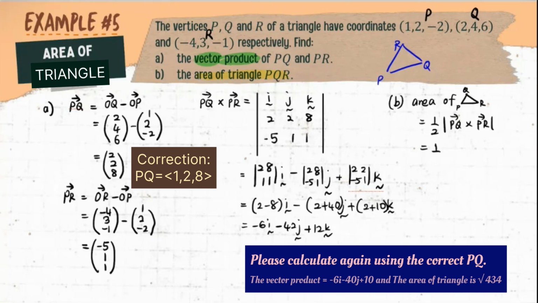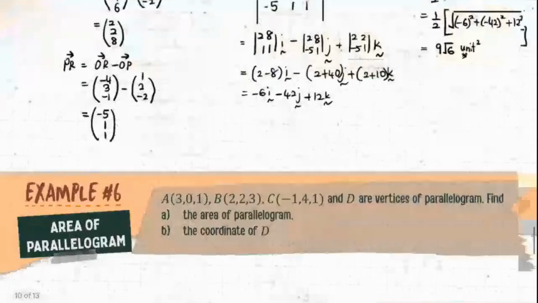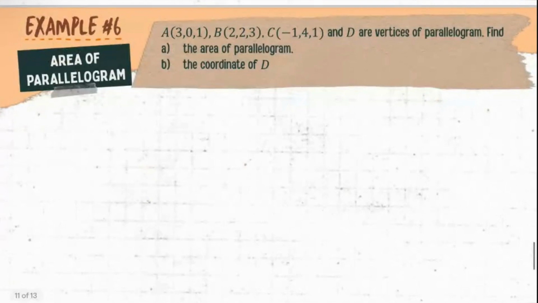Okay, so 1/2 multiplied by the magnitude of negative 6 squared plus negative 42 squared plus 12 squared. So you will get 9 square root of 6. So just leave the answer like this. Or you can put the unit too. Unit of area, right, area will be unit squared.